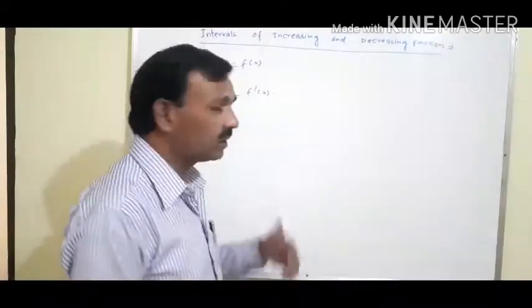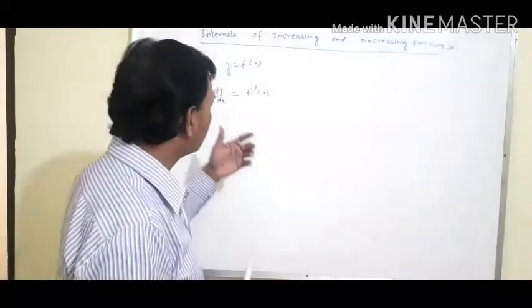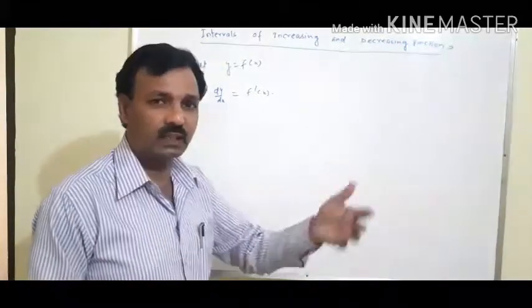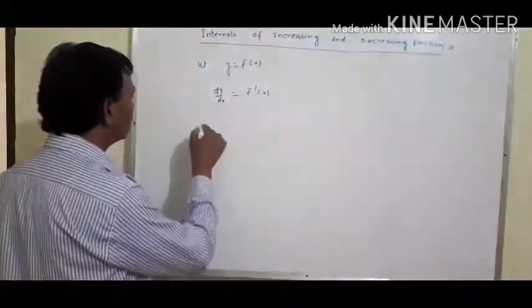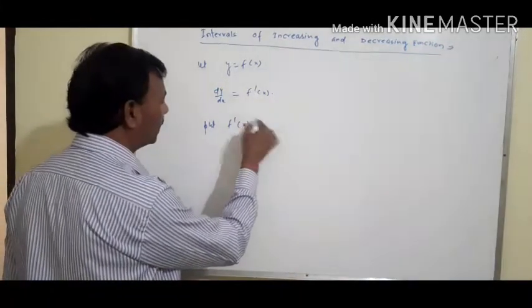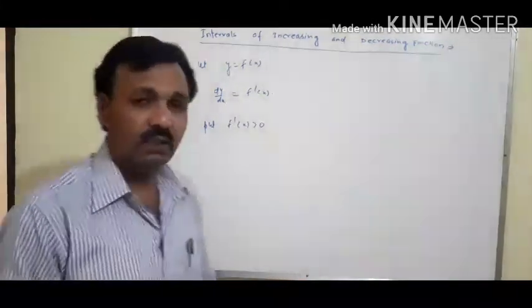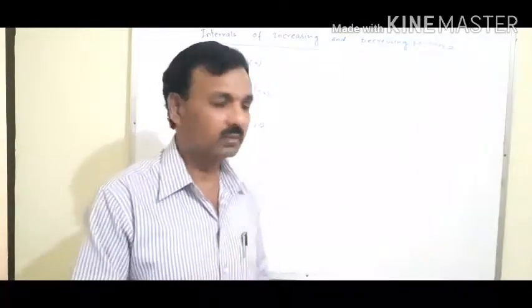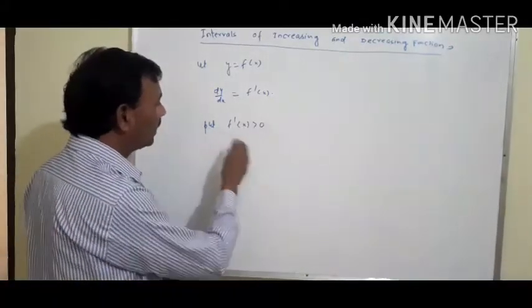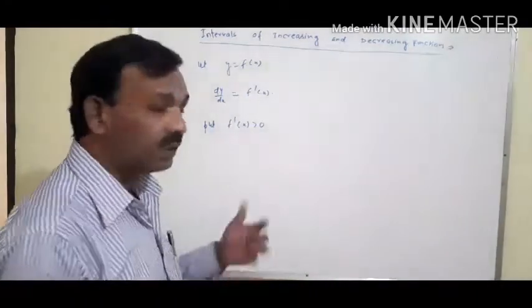But another method is so simple. First, directly put f dash of x is greater than 0. This will be the condition for increasing, because as you know, f dash of x greater than 0 is the condition for an increasing function.